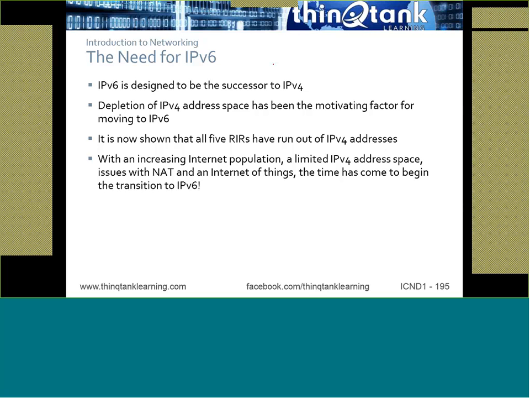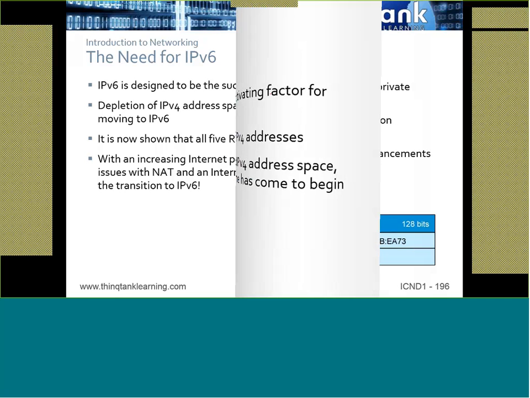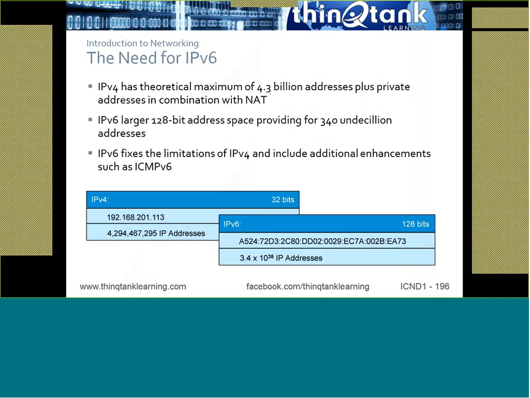Okay? So IPv6, as I mentioned before, provides us with a really limitless number of IP addresses. Wait till you see how IPv6 works in the real world. It's amazing, okay? Which we'll get to in this chapter. IPv4 theoretically has a maximum of 4.3 billion addresses. Sounds like a lot, but it's not.